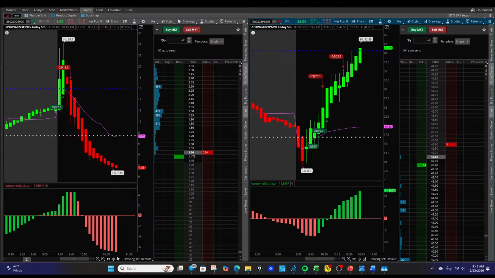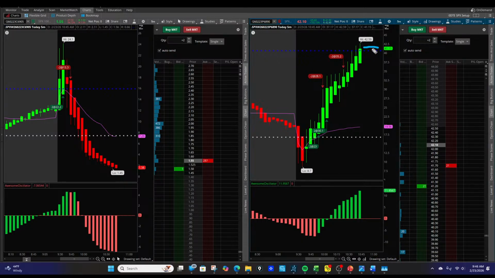Okay, and you can clearly see right there how it has gone above the overnight high. And in doing so, that is a very bullish thing.